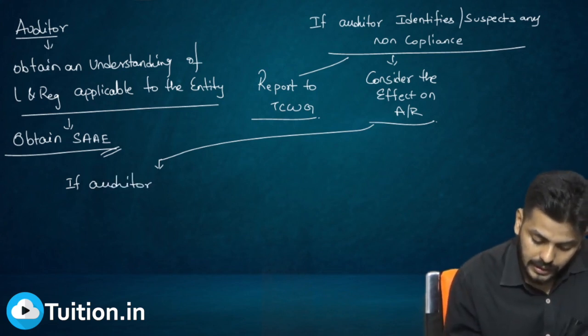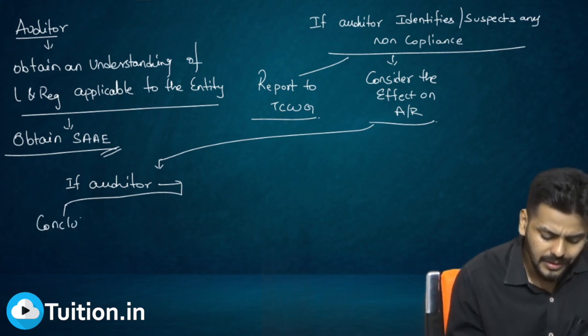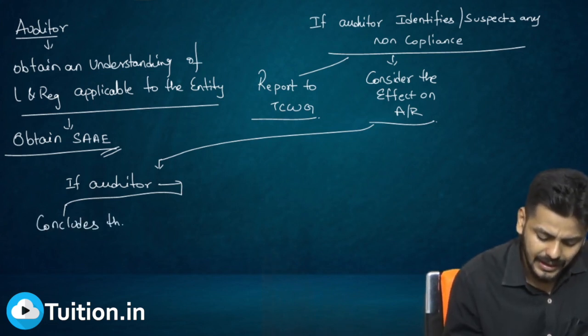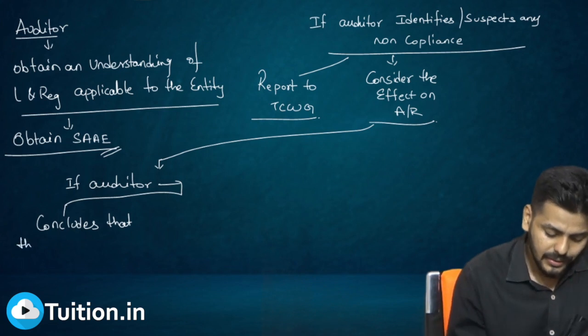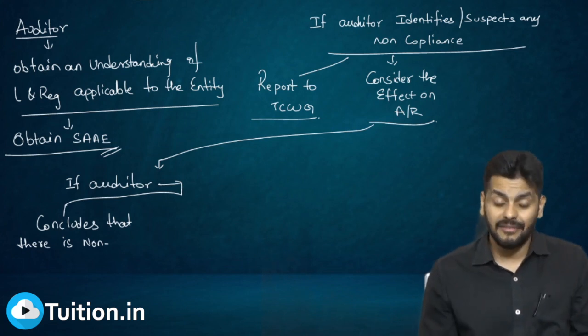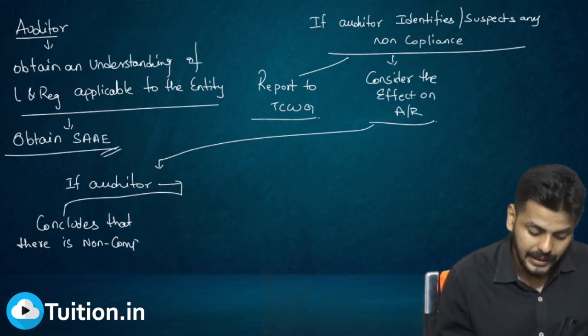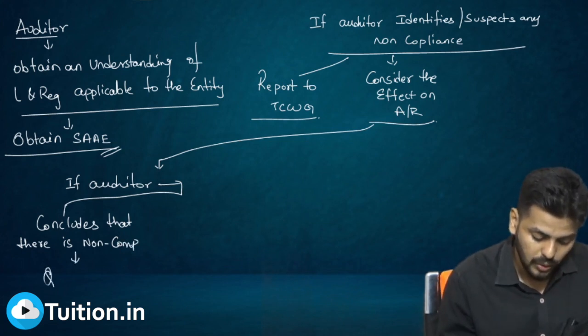If auditor concludes that there is non-compliance, now you know this, when you use the word concludes, normally when do you use the word concludes? Only when you have evidence, right? So if auditor concludes that there is non-compliance, then he will go for qualified or adverse.